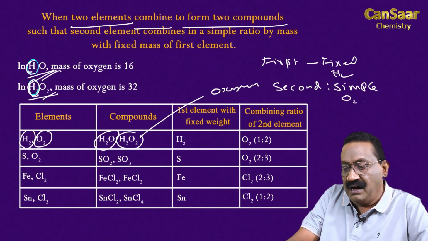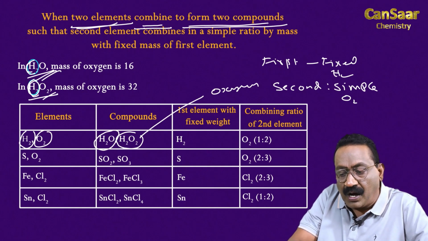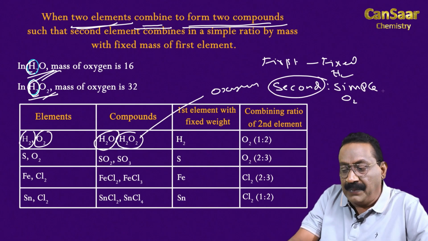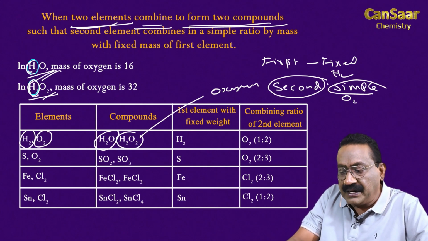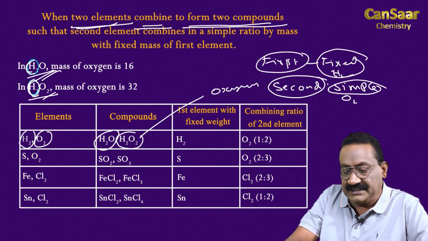So, what is that? Oxygen. When two elements combine to form two compounds such that the second element combines in a simple ratio by mass with a fixed weight of the first element.